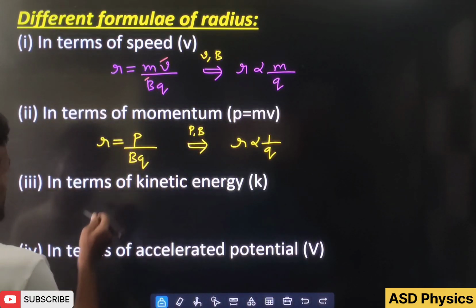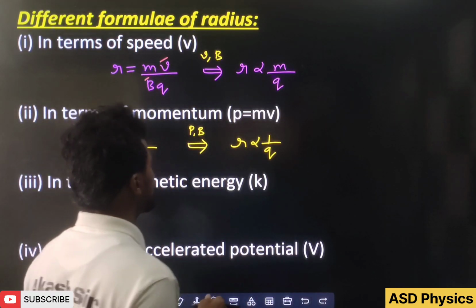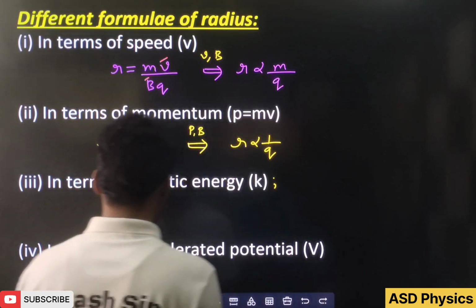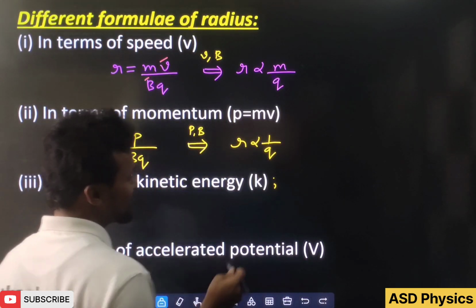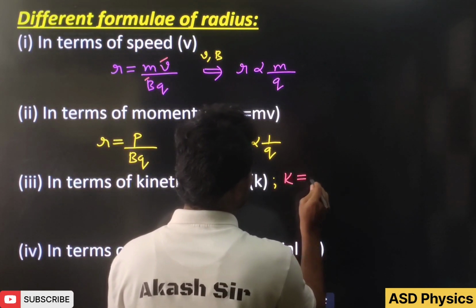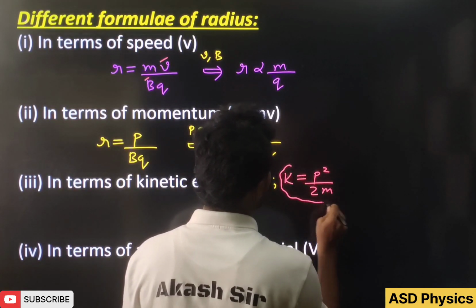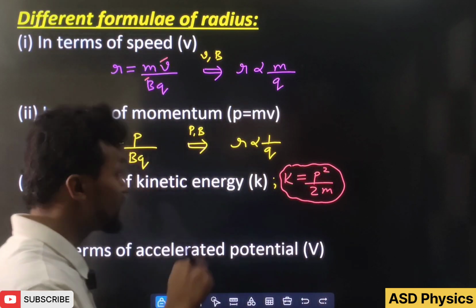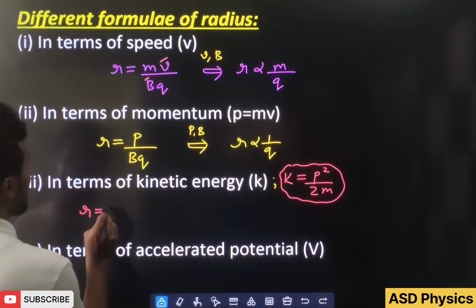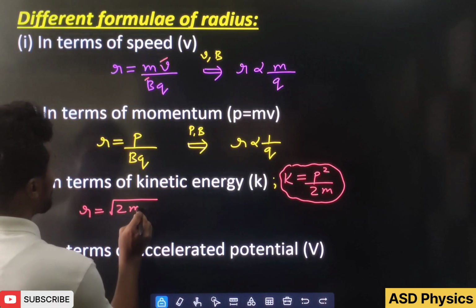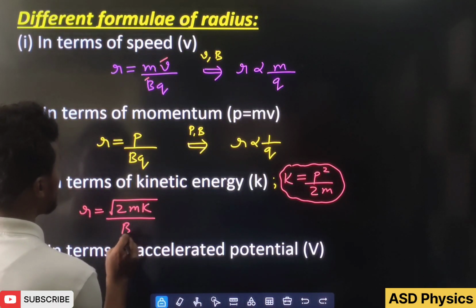And after that, in terms of kinetic energy. Maybe in 11th, definitely, we have seen the relation between kinetic energy and momentum: K equals P square by 2m. So from here, R equals P, which becomes root 2mK by Bq.